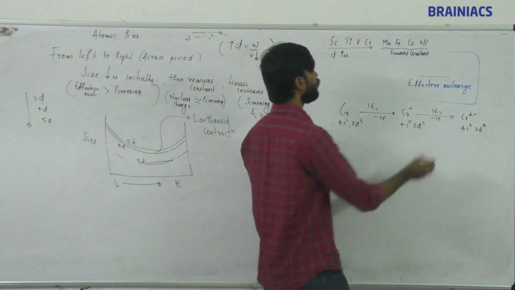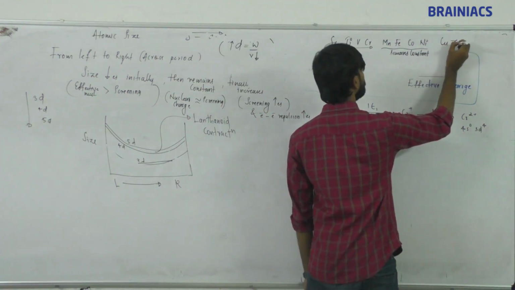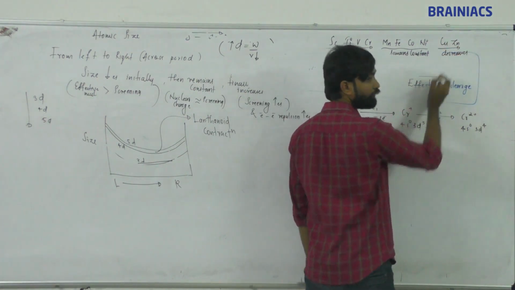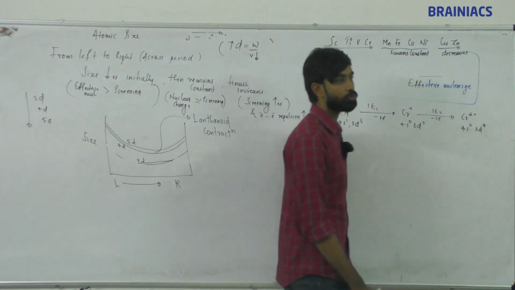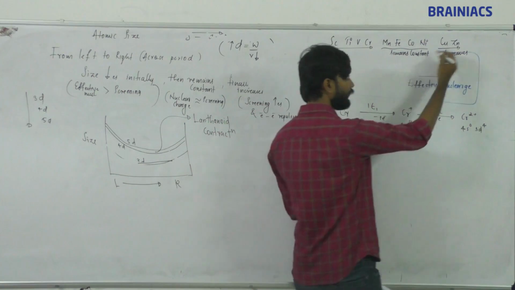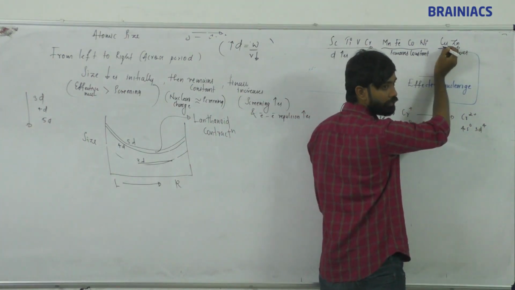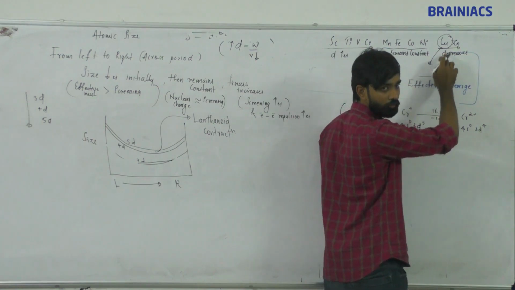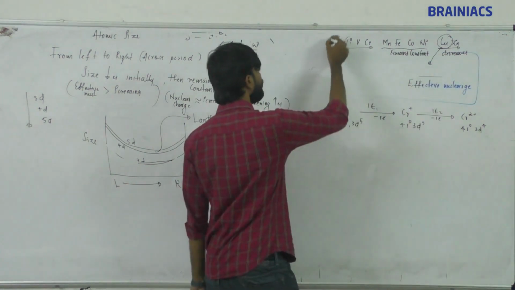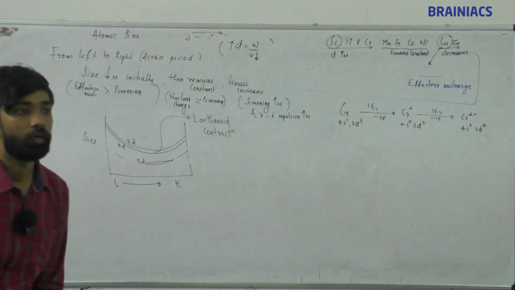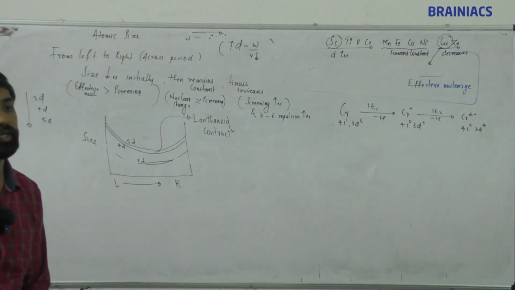Finally size increases, which means density decreases. So the density of zinc is less than copper. So copper has high density, whereas scandium has low density. That's the point. Ready? In the 3d series, consider it like that.